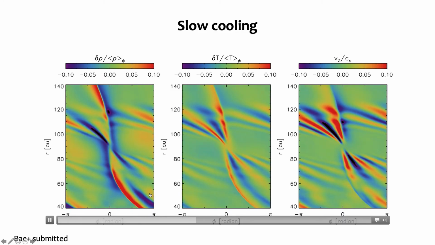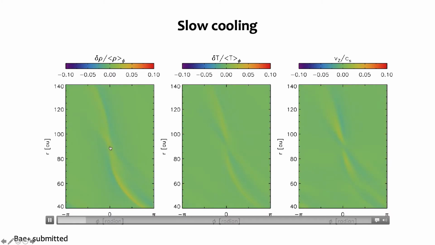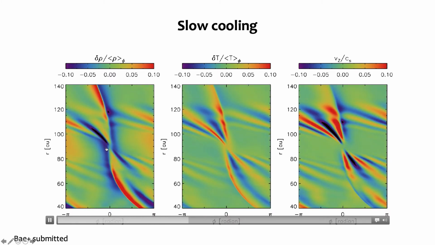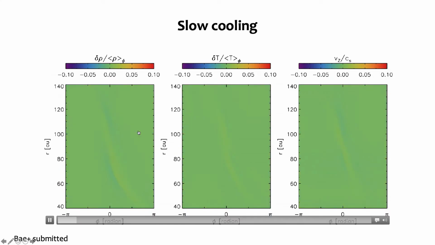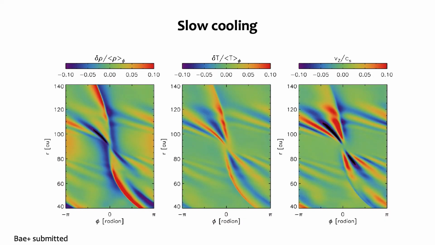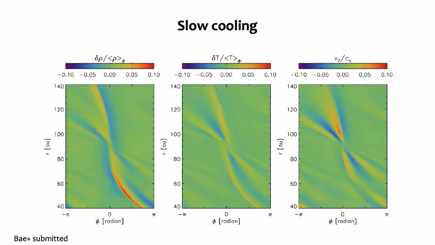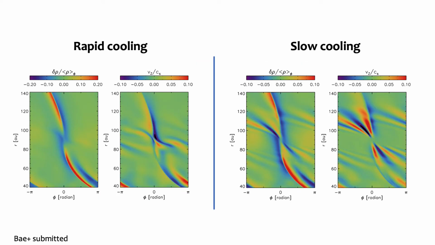But in addition to those Lindblad resonance-driven spirals, you see a family of very tightly wound spirals, and those are what buoyancy resonances drive. So to compare these two models side by side, again, you see consistently the Lindblad spirals, but you get additional spirals driven by buoyancy resonances.